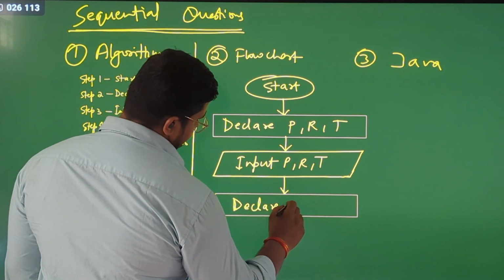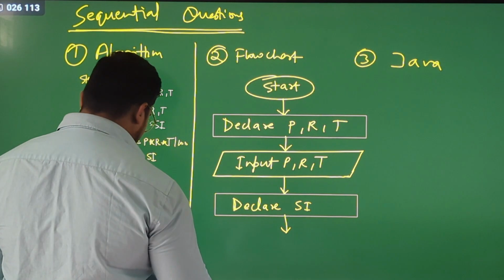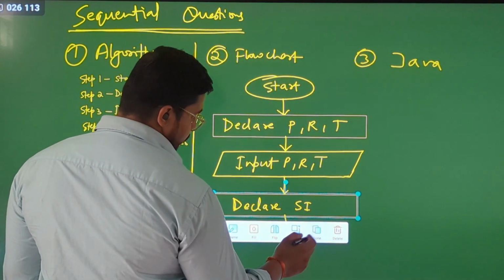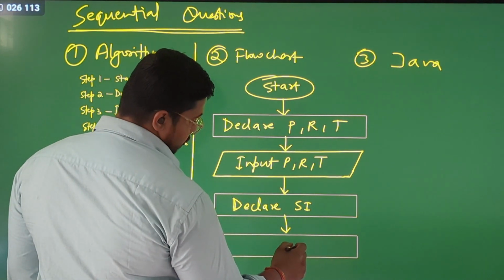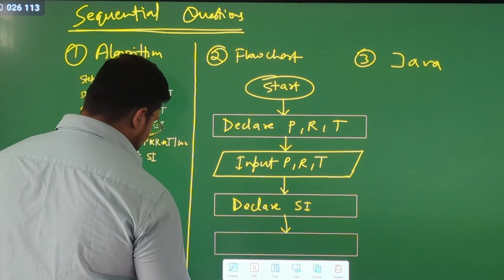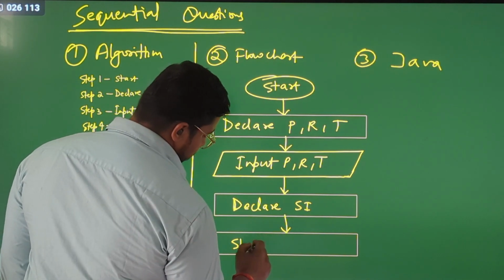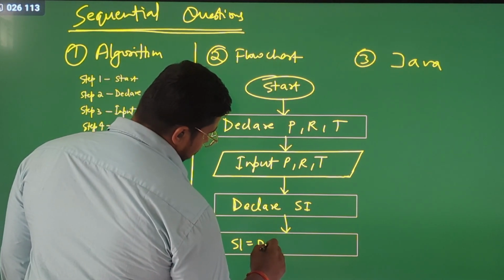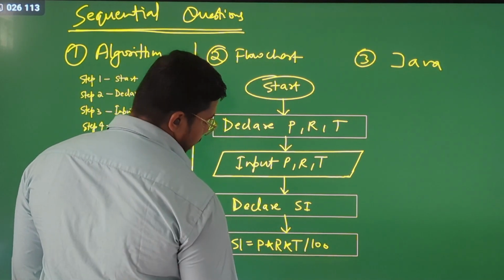Declare SI. Again, we calculated SI equal to P into R into T by 100.